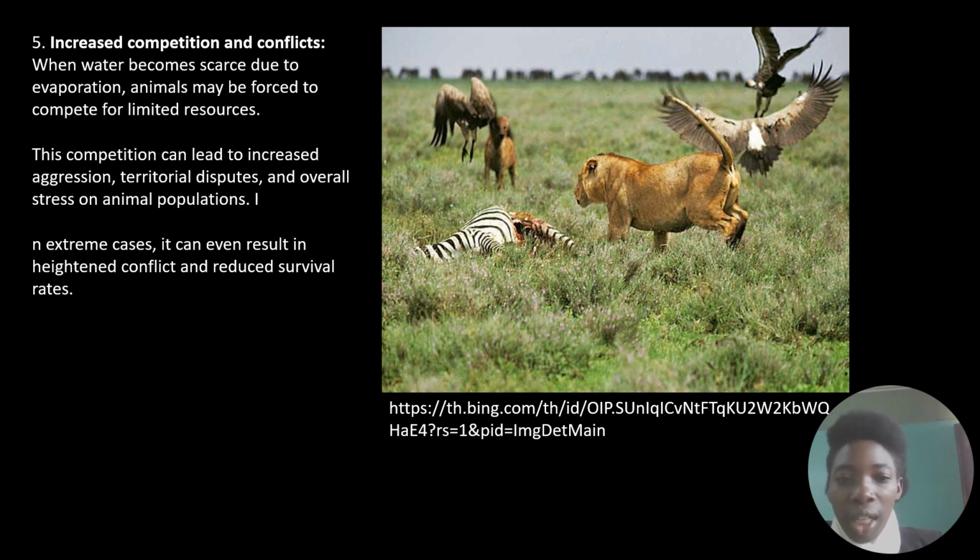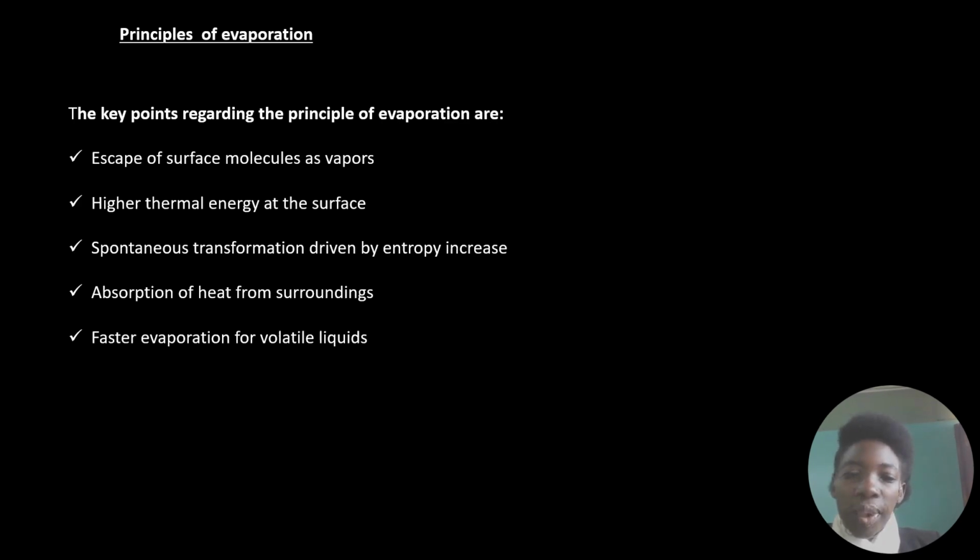The competition can lead to increased aggression, territory disputes, and overall stress in animal populations. As you are seeing, this picture shows animals competing for the resources, and as they compete, the competition will increase conflict among those animals.